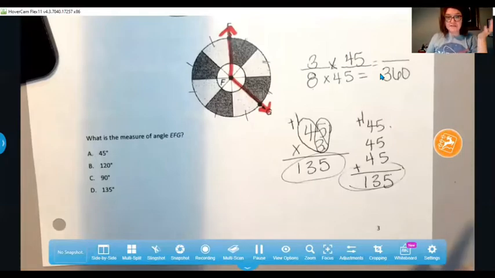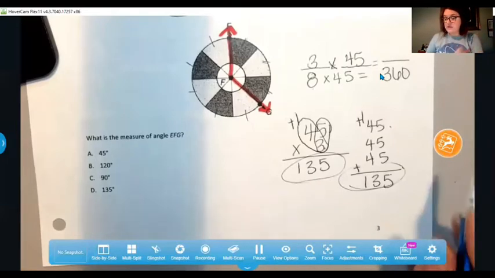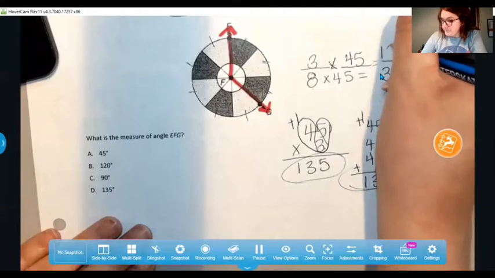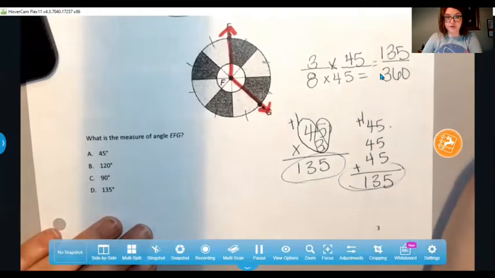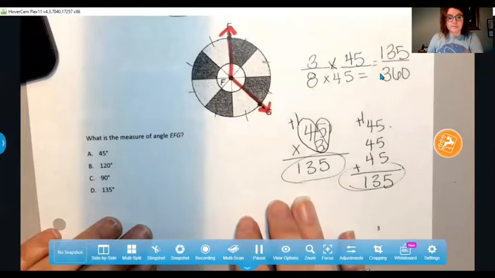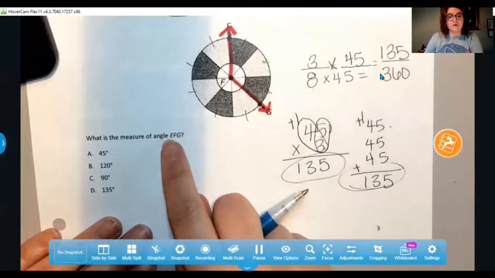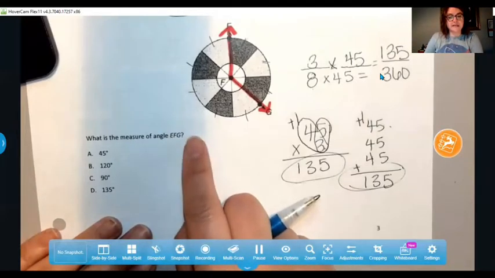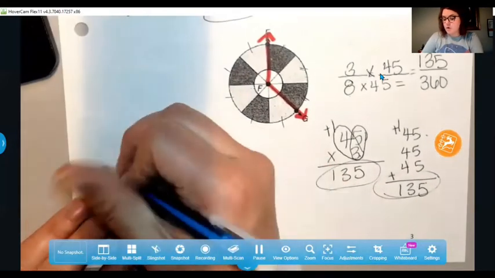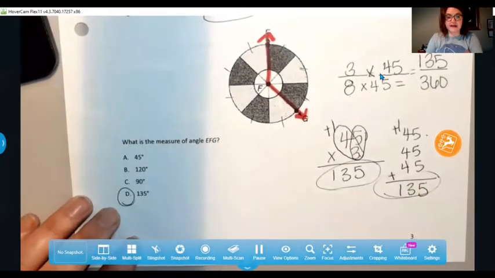Which tells me that that is what is going to be in my numerator: 135. So the measure of angle EFG is 135 degrees.